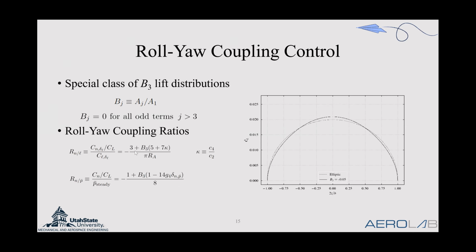Towards this goal, we define a couple of roll-yaw coupling ratios. One you could think of as being associated with roll initiation, and another with a steady rolling rate, which is essentially just the ratio of the yawing moment to the rolling moment, all normalized by the lift coefficient.